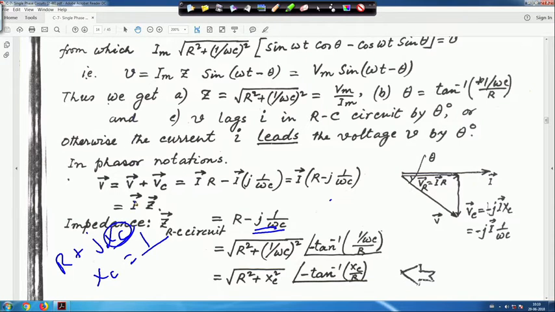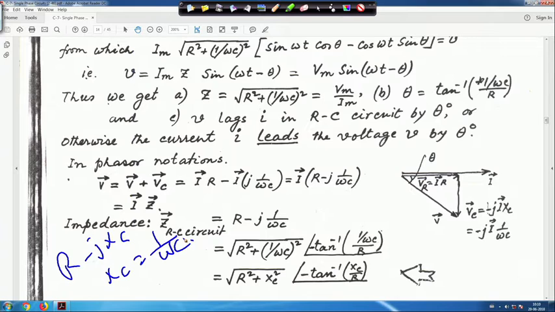What we do instead is write R minus jXc, and then we take Xc equal to 1 upon omega C, which is the capacitive reactance. So for the inductive case it is R plus jXL, and for the capacitive case it is R minus jXc, where Xc is equal to 1 upon omega C.